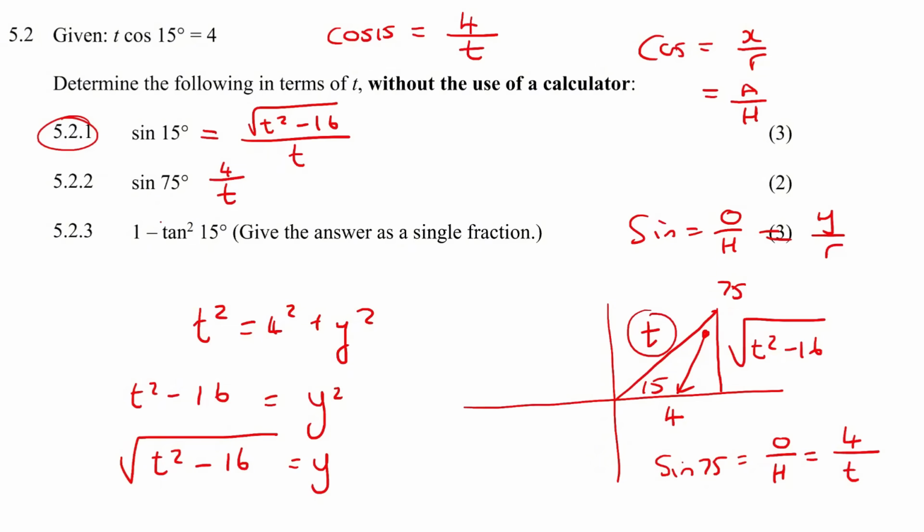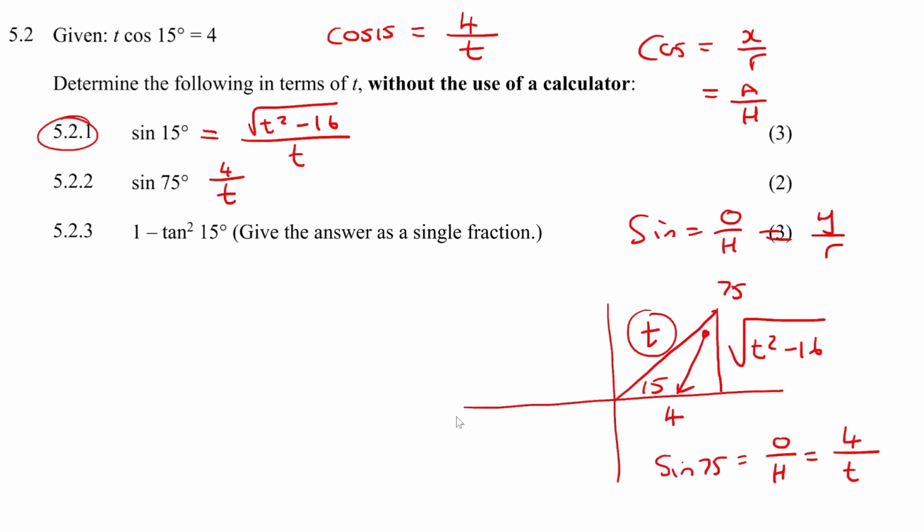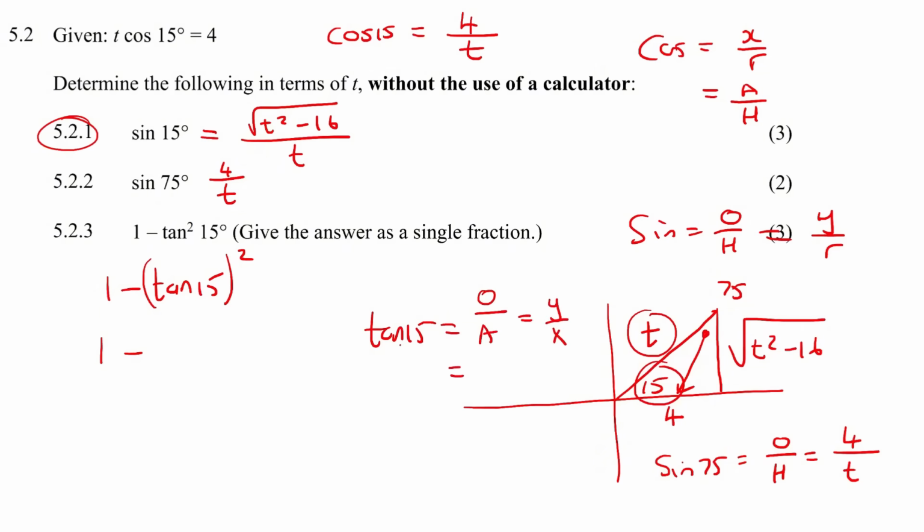Okay? And then this question says 1 minus tan squared 15. The way you can think about that one is just 1 minus tan 15, and whatever tan 15 is, just square it. Super easy actually, because tan 15 we can just get from the diagram. We know that tan is opposite over adjacent, or y over x, depending on what you prefer.